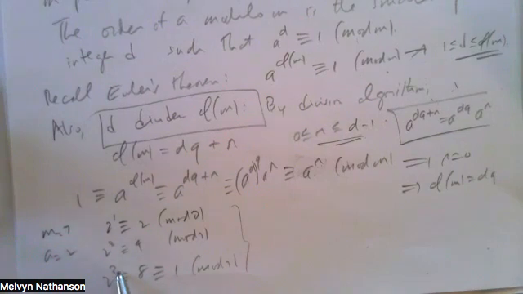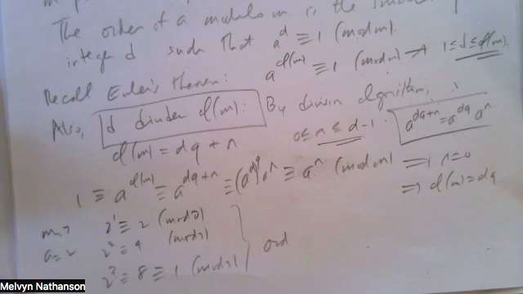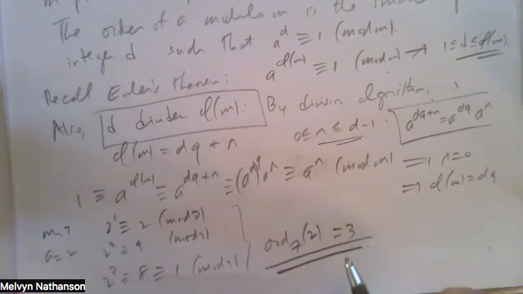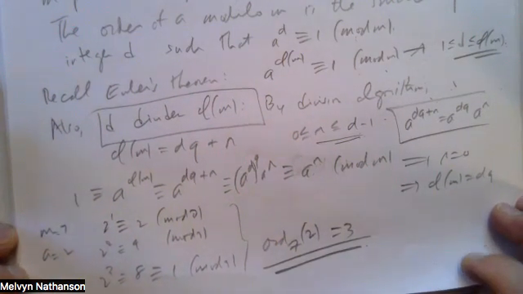So the smallest power of 2 congruent to 1 mod 7 is 3. So the order of 2 mod 7 is equal to 3. Any questions about that?